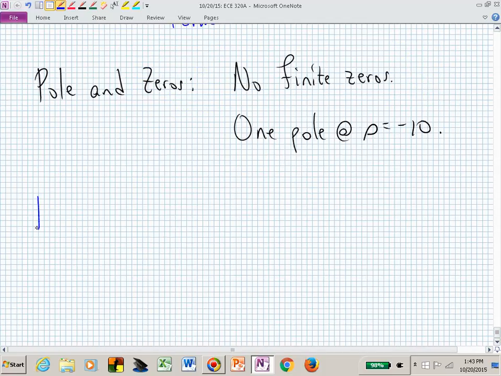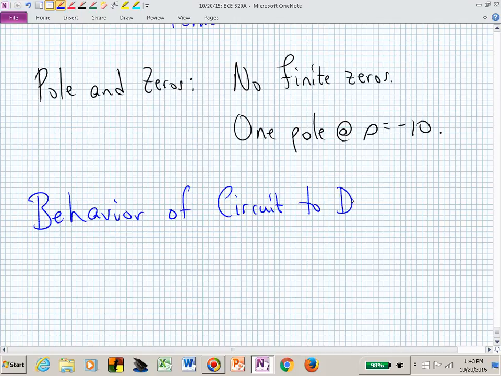Now we can proceed to evaluate the behavior of this low-pass filter for different types of inputs. Behavior of circuit to different inputs.